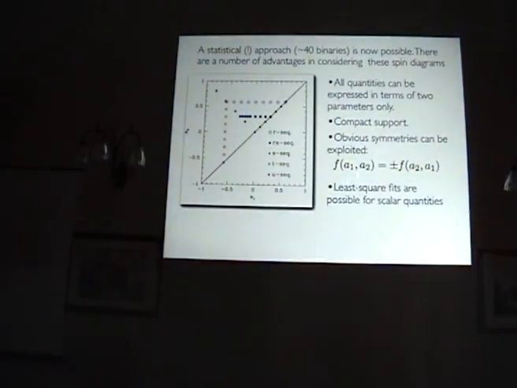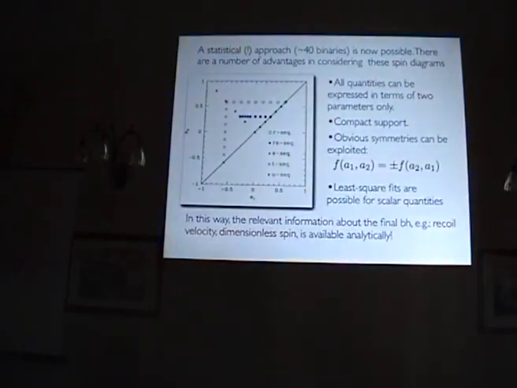Well, it is interesting because you have a compact support, all your parameters go between -1 and 1. You have obvious symmetries that you can exploit. In other words, it doesn't matter which one is 1 and which one is 2, so you can really swap this upper triangle with a lower triangle. And because at the end you end up with something which is a scalar, you can easily do least square fits. Okay? In this way we can build information about the final black hole in terms of analytic functions.